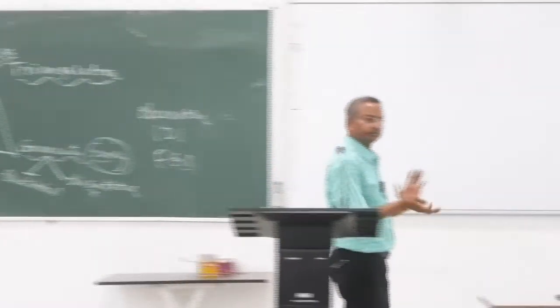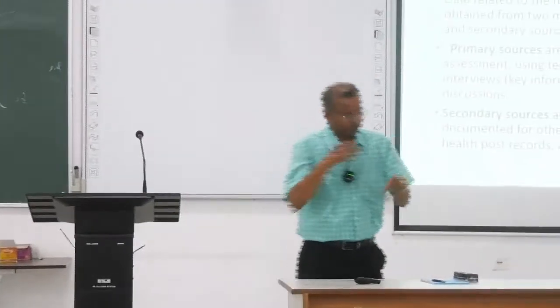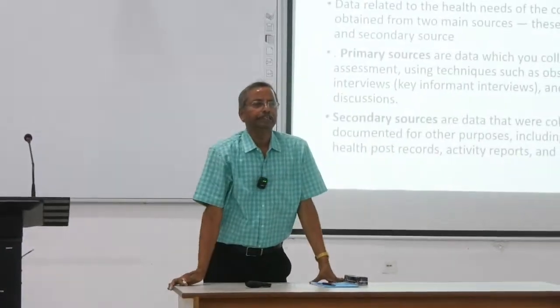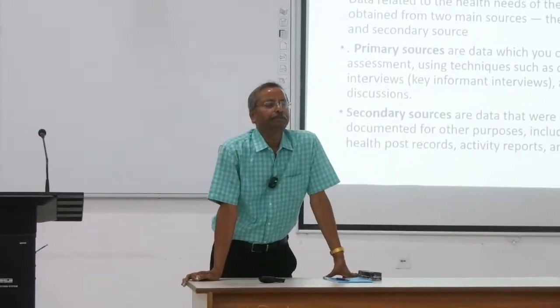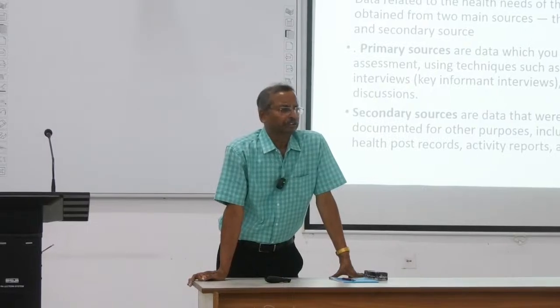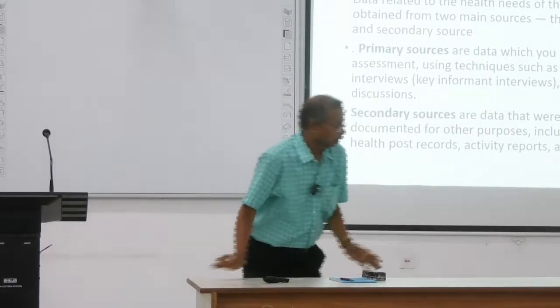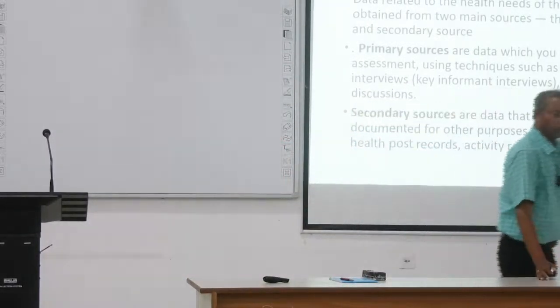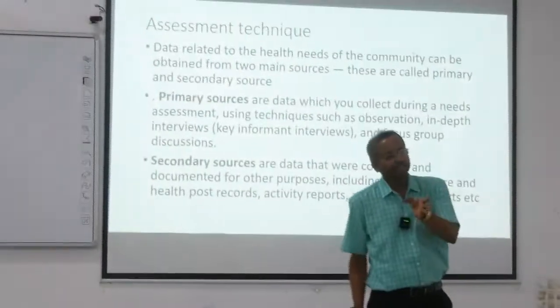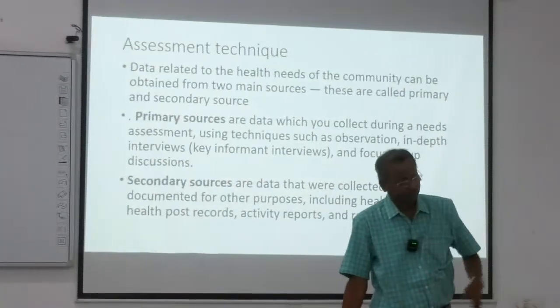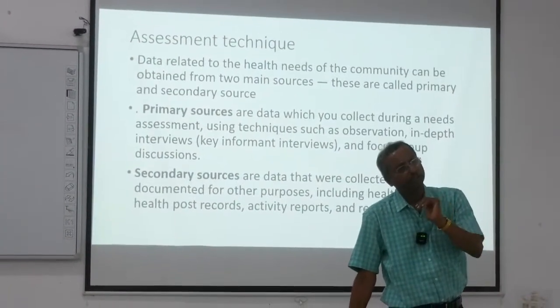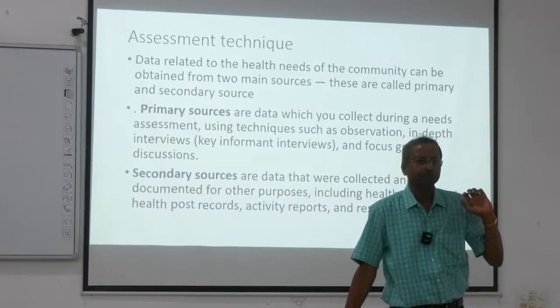Observation. You can observe the community. Say for example, if the problem is sanitation. While entering the community, there are different roads, lanes and by-lanes. While walking through the by-lanes, you can observe so many things.